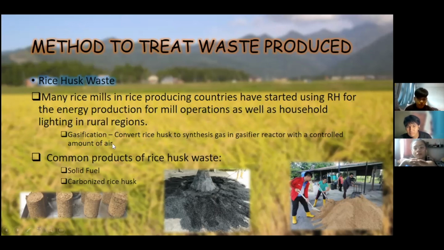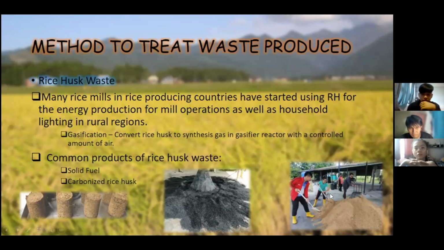One of the common products of rice husk waste is solid fuel, which can be turned into pellets and used as a burning material. The second one is carbonized rice husk.